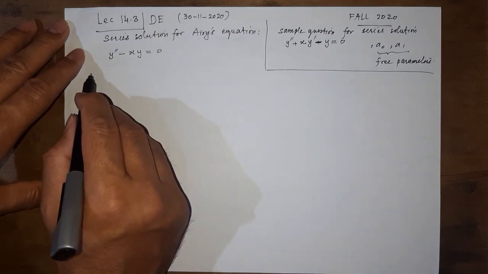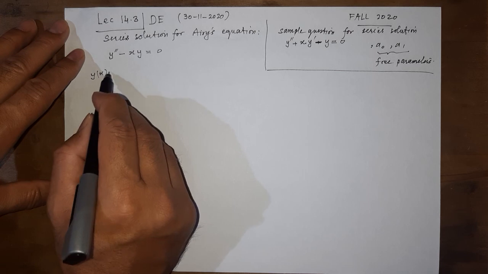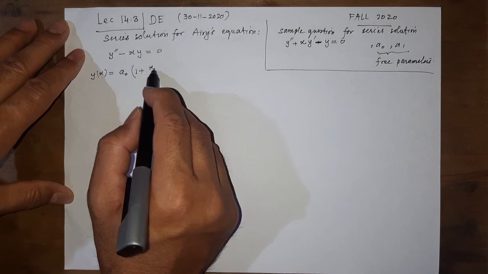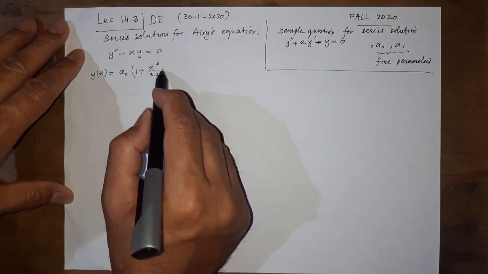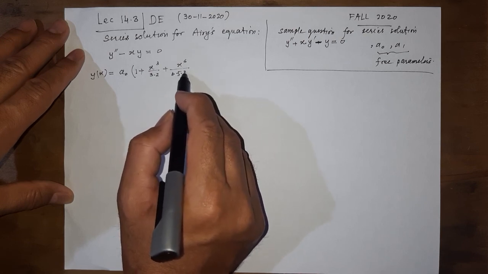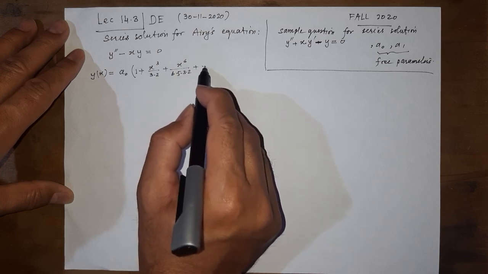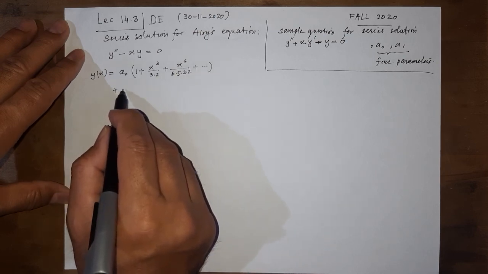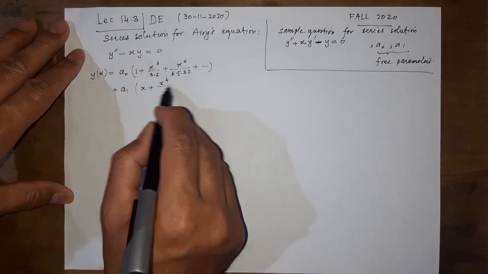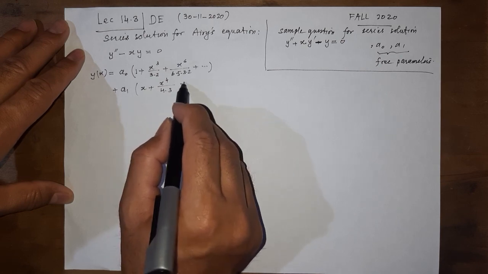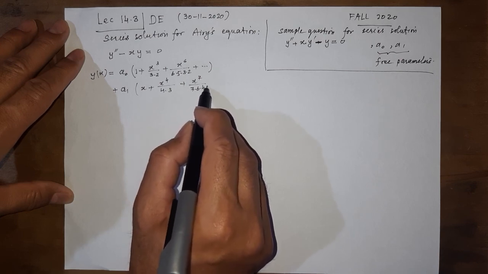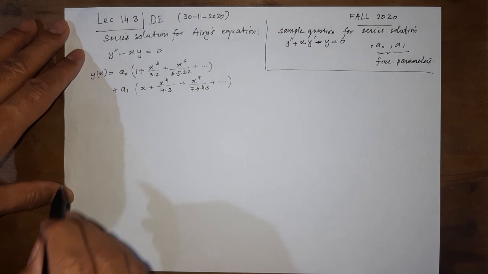We already solved this and saw that y of x was equal to a naught times 1 plus x cube over 3 into 2 plus x to the 6 over 6 into 5 into 3 into 2 plus so on, and plus a1 times x plus x to the 4 over 4 into 3 plus x to the 7 over 7 into 6 into 4 into 3 and so on.